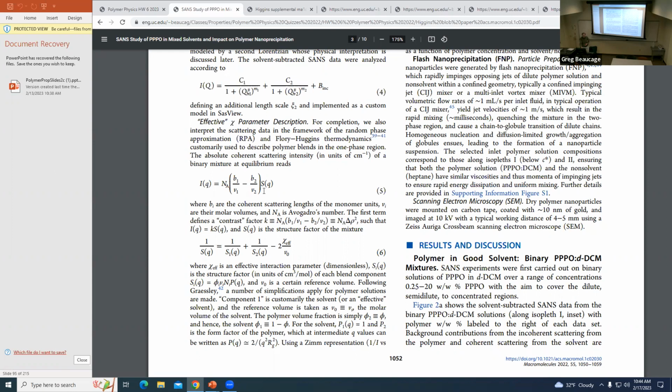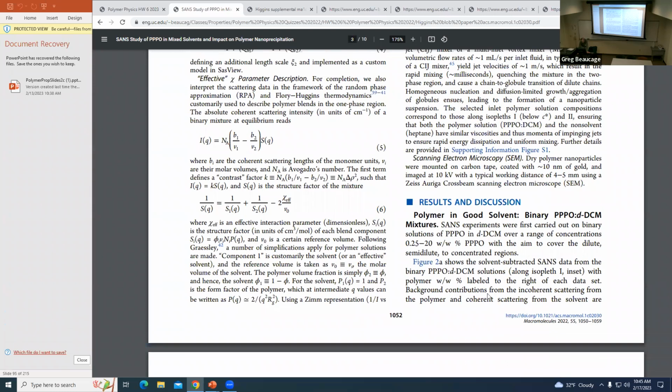So the big one contributes less than the little one. When you have 2 things mixed, the thing that has the highest intensity contributes less than the one that has the lowest intensity. So that ends up giving you this function that you measure, and the way they mix is decided by this number, the enthalpy of mixing. So that's what they do.